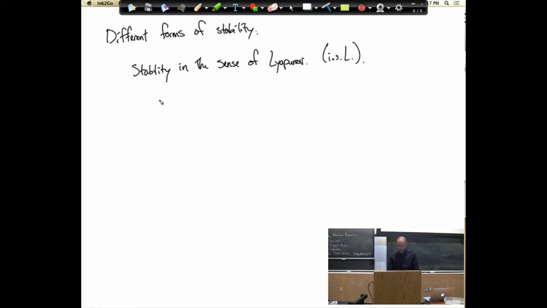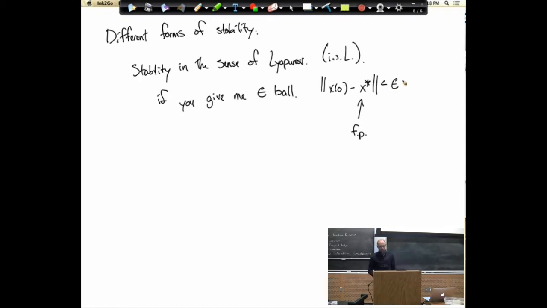It says if you give me some epsilon ball, meaning the distance between my initial conditions and my fixed point, which I'll call x star, is less than this ball. So if I start close to the fixed point, I'd like to remain close to this fixed point. Then I can give you a delta such that if I started inside epsilon, I'll always stay inside delta.